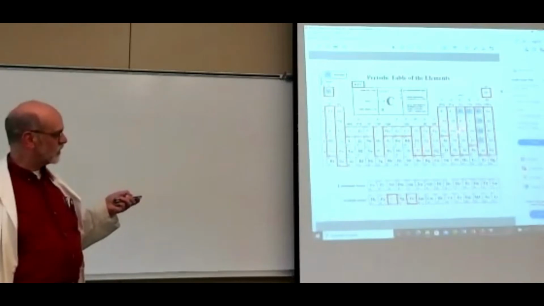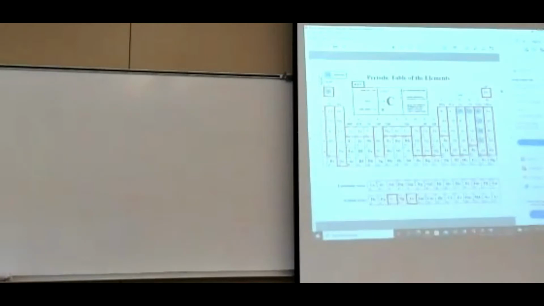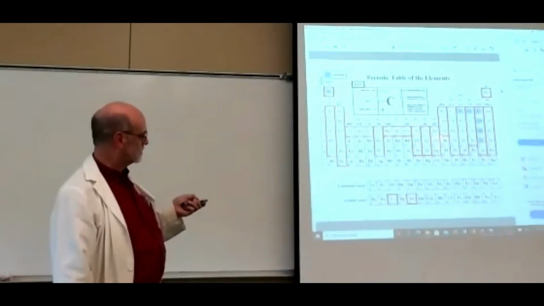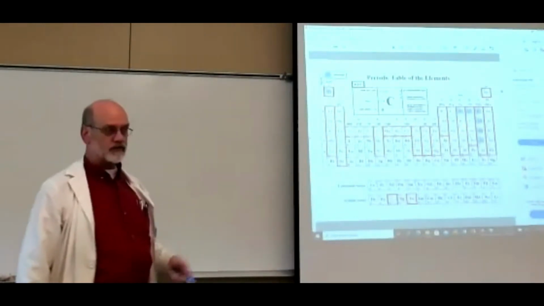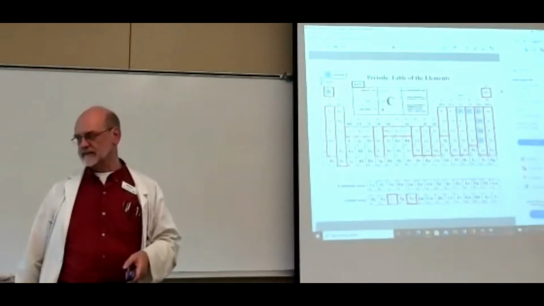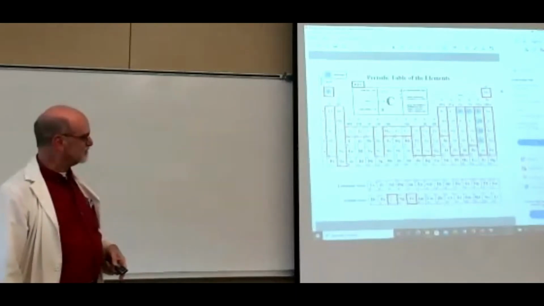Typical charges are over here in the upper right-hand corner of each one. Those are not all of the charges or valences that are available to these elements. They're the most common. There's not enough room for all of them in that little space.